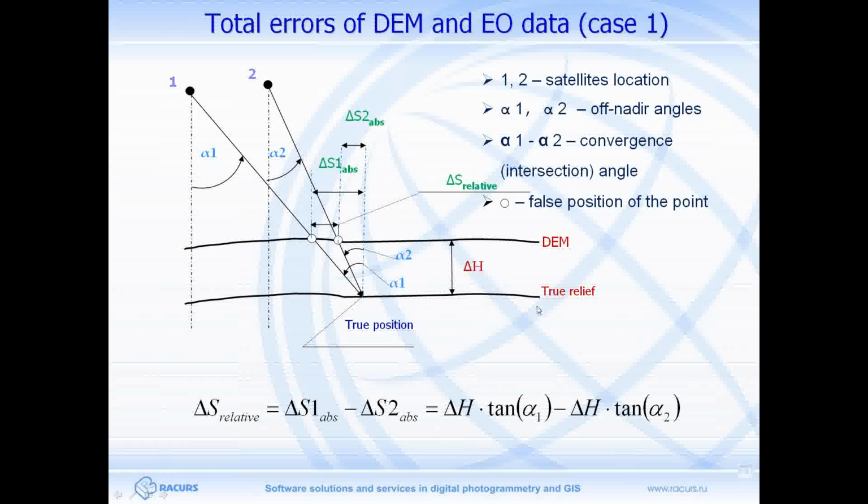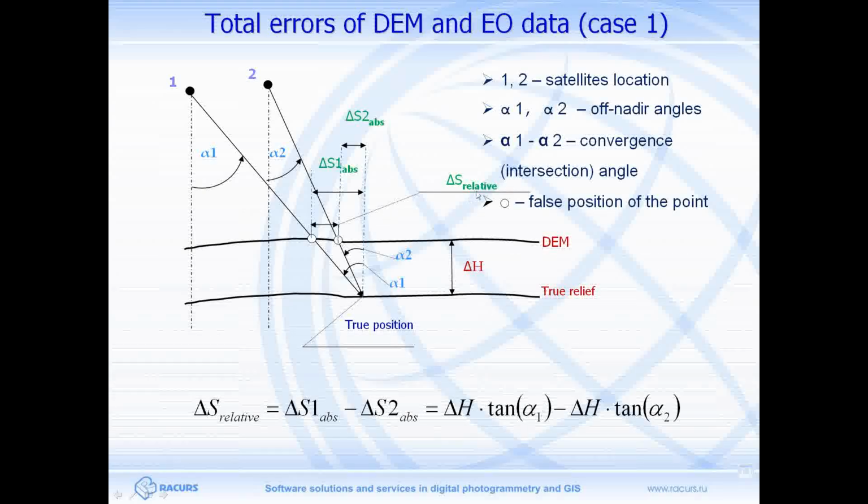So there are 2 components of error, actually, the DTM and the angle of survey. Usually the name of this angle is off-nadir angle. So we have alpha 1 and alpha 2, 2 off-nadir angles. They form 2 errors on the images, delta S1 and delta S2. Actually, it is a multiplying of the DTM error by the tangent of the angle.